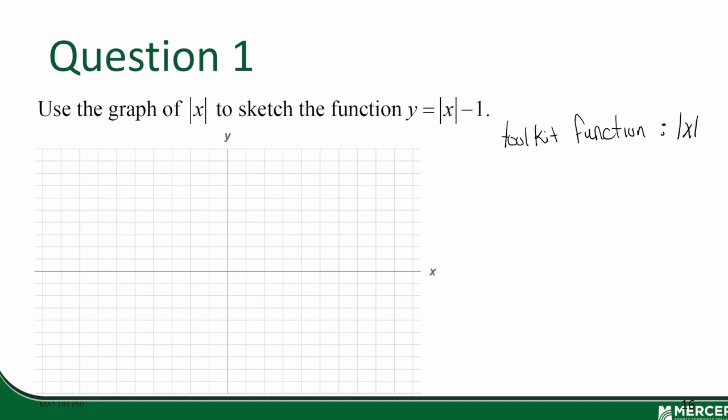Now, look at it. What transformations are being applied? Horizontal or vertical? So it is a vertical translation, going down. By how many? 1, negative 1, or going down 1. Are there any others?